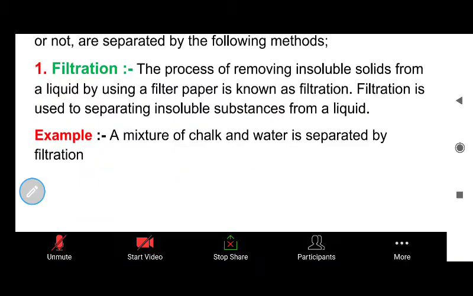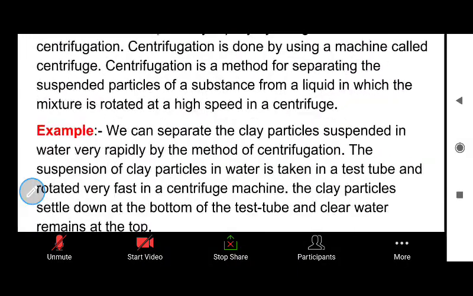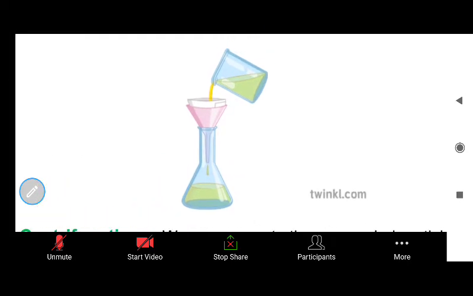So I can show you the method of filtration.